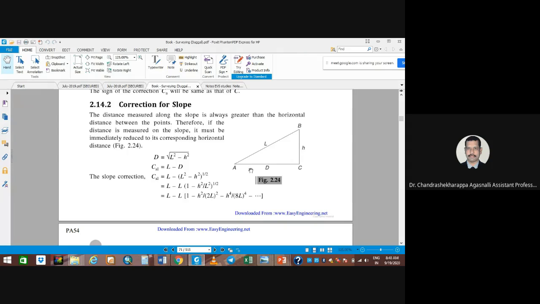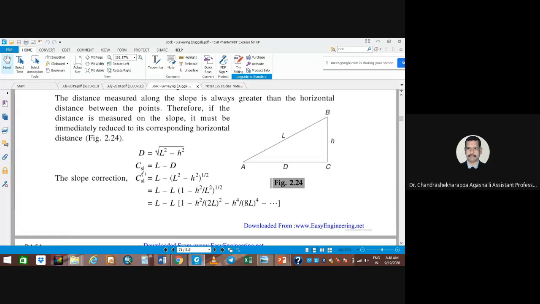If you are doing the survey on plain land, there is no need to do the correction. If you are doing the survey in hilly areas or undulating topography, you have to apply the slope correction. That is, D is equal to square root of L squared minus H squared, where L is the slope length and H is the height difference from C to B. Slope correction: C_SL is equal to L minus D, which is L minus the square root of L squared minus H squared.